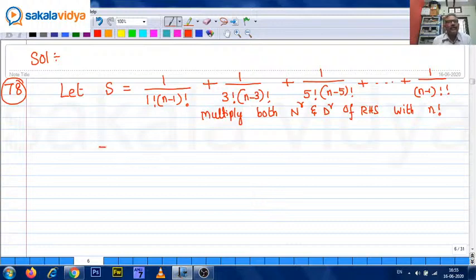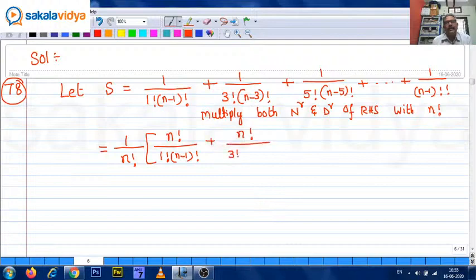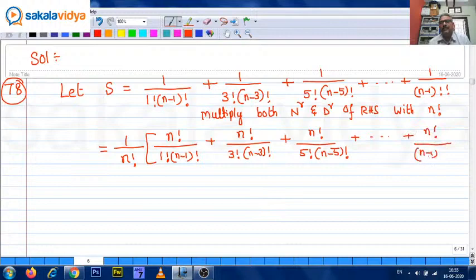So this can be written like this: 1 upon n factorial times, n factorial by 1 factorial into n minus 1 factorial, plus n factorial by 3 factorial into n minus 3 factorial, plus n factorial by 5 factorial into n minus 5 factorial, plus so on, up to n factorial upon n minus 1 factorial into 1 factorial.